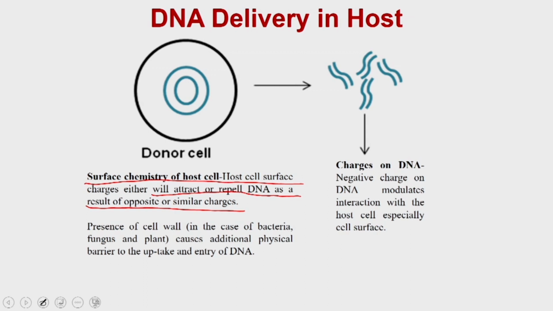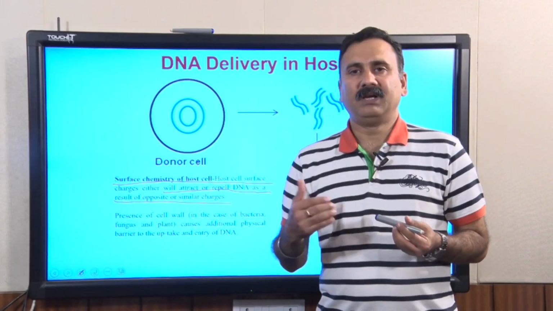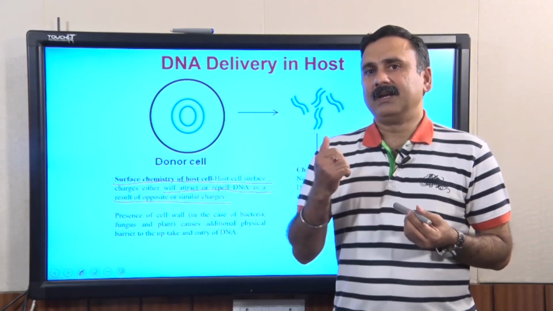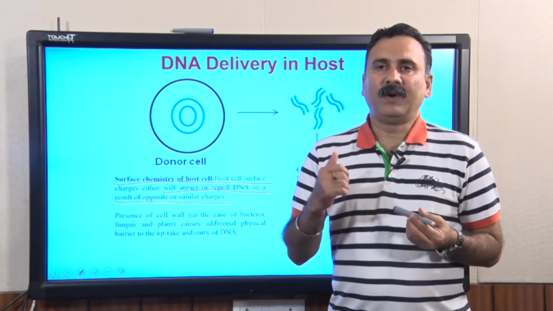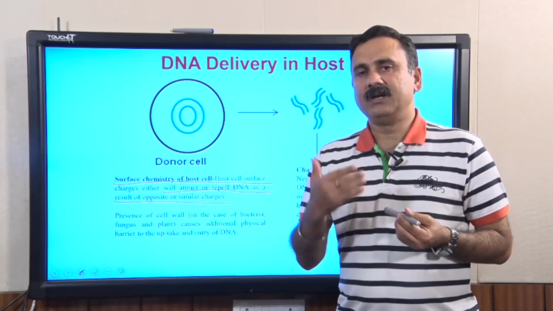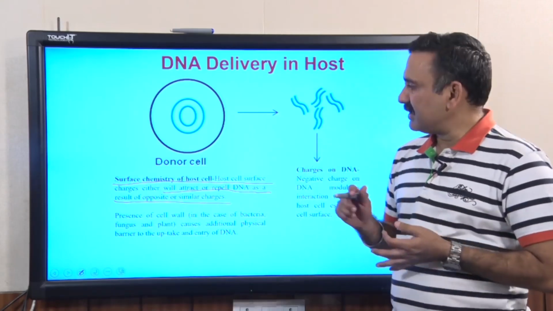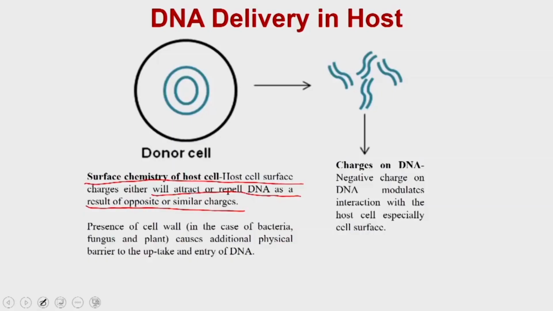We have discussed transformation into the bacterial cell, as well as transformation into the yeast cells. But an alternate strategy is required, because the surface chemistry of a mammalian cell is very complicated compared to the bacterial cell or the yeast cells.